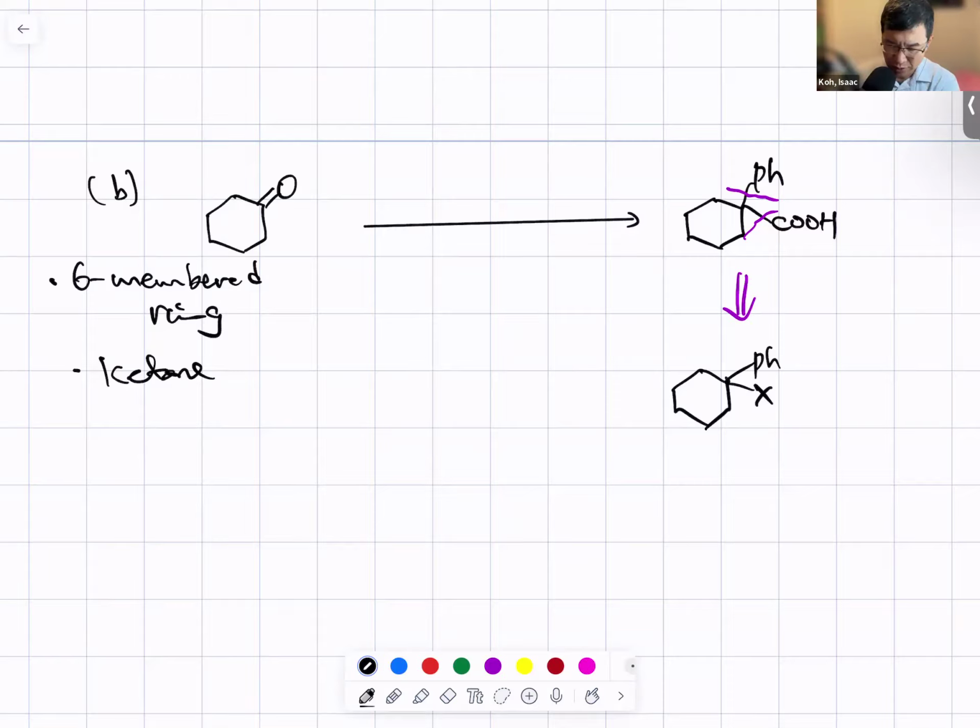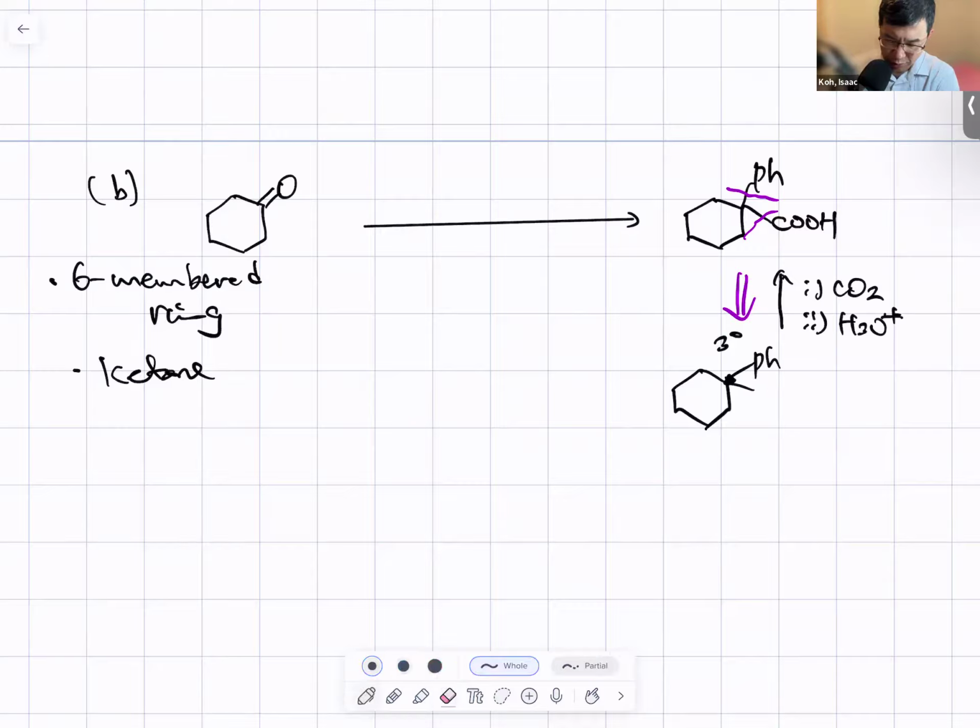But here this condition again, tertiary. This is tertiary. So we cannot use the sodium cyanide method. We have to use CO2 followed by acidic workup. So then this one must be Grignard reagent.